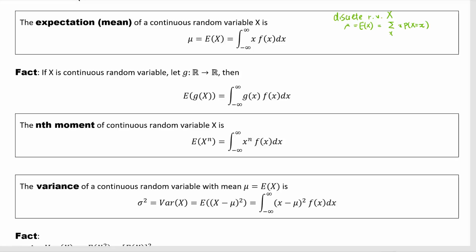So here for a continuous random variable, instead of the sum, we have an integral, and we use x times the PDF.